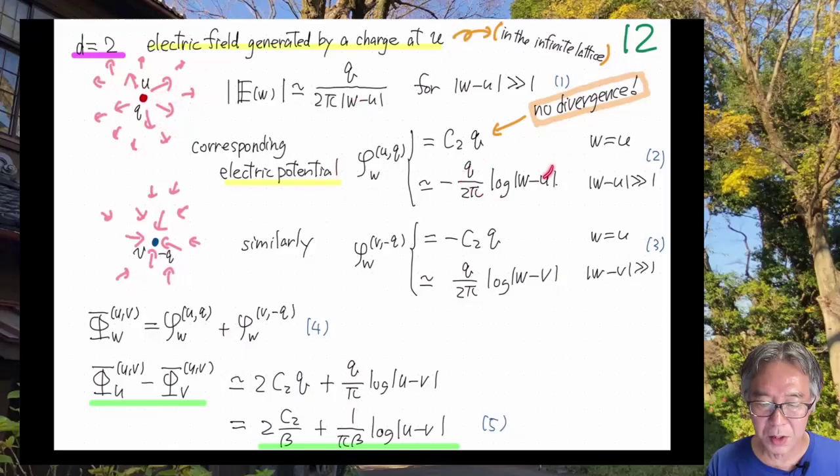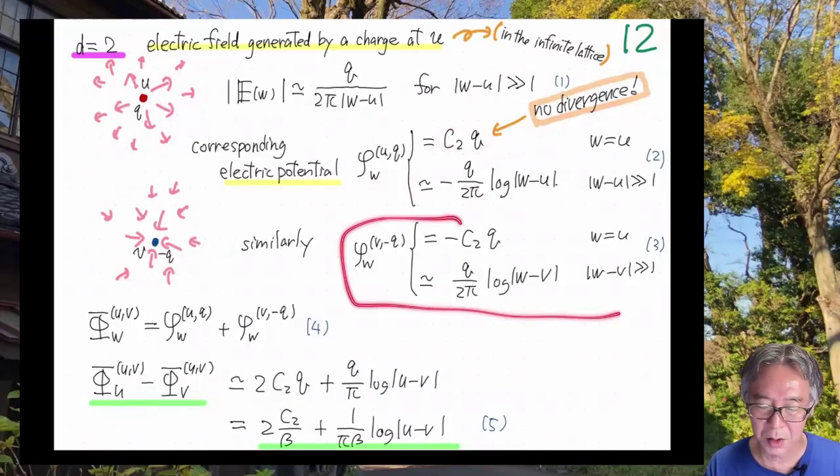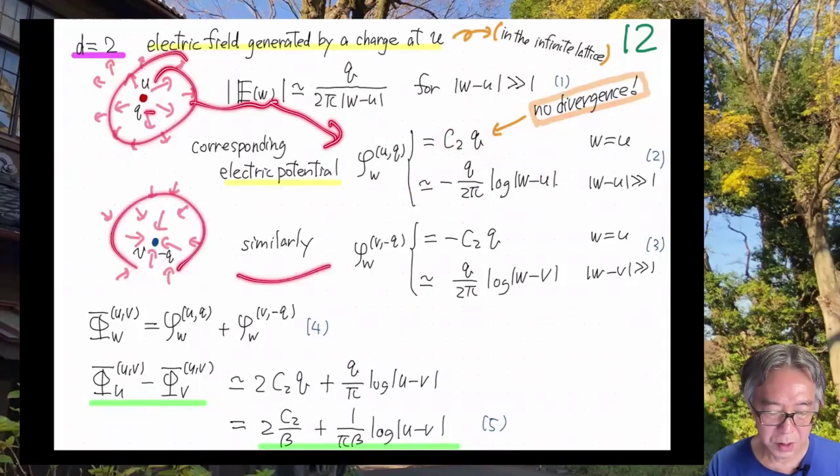This is a standard part of usual electrostatics. Usually you have a divergence at the origin, but now we are working on a lattice, so there's no such divergence; you get some constant. This is for this configuration, and for the configuration with negative charge, similarly you get this potential.